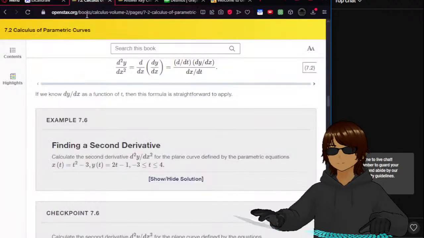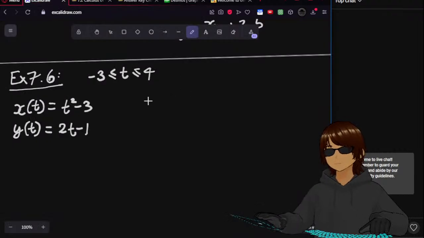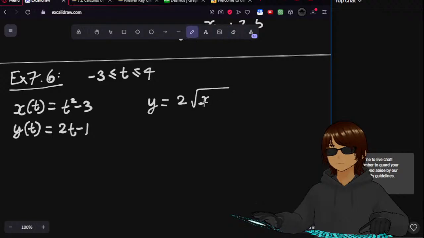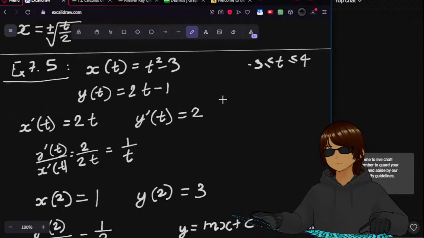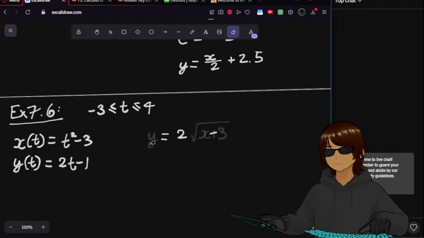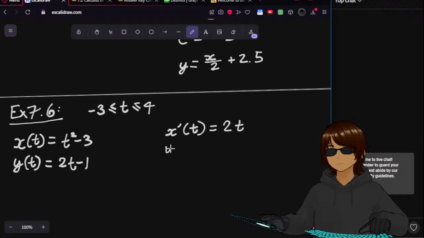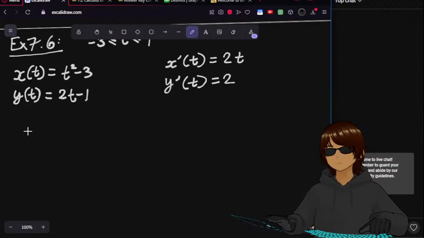To find the second derivative, we need dy over dx. dx/dt is 2t, dy/dt is just 2. So dy/dx is 1 over t.